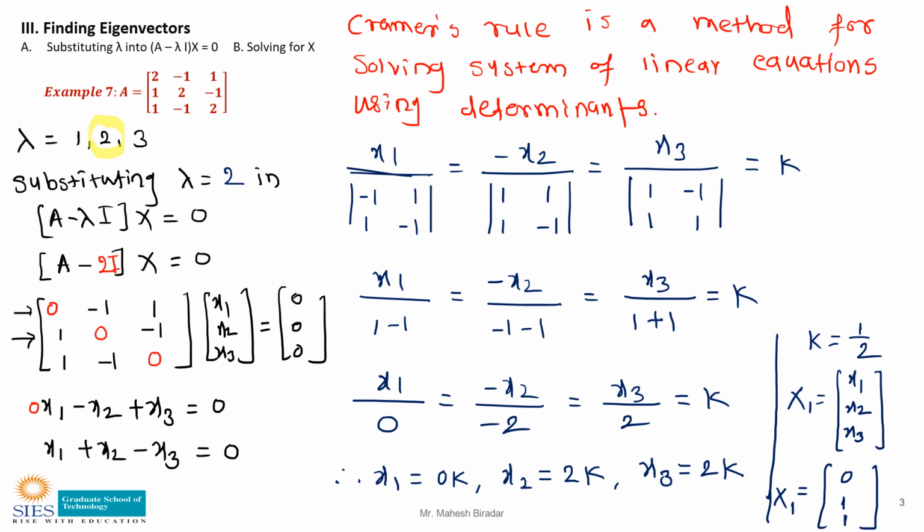Second is x1 plus 0x2 minus x3 is equal to 0. Use the Cramer's rule.